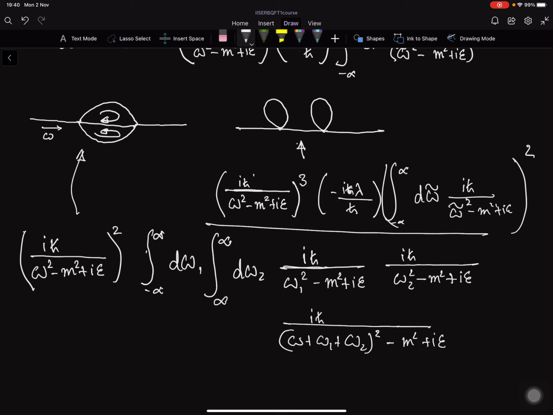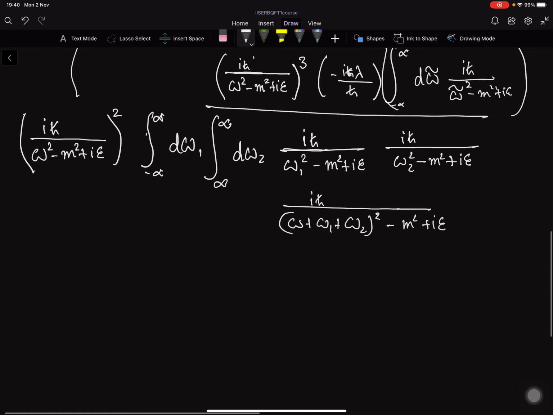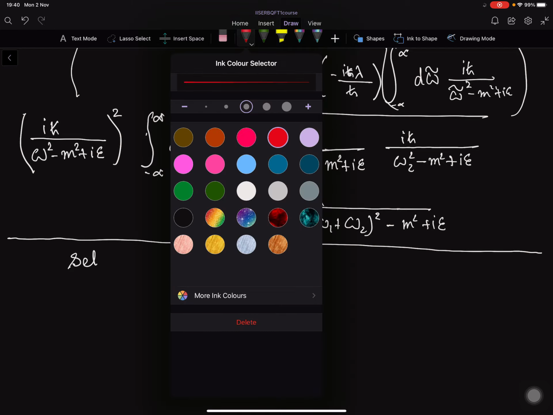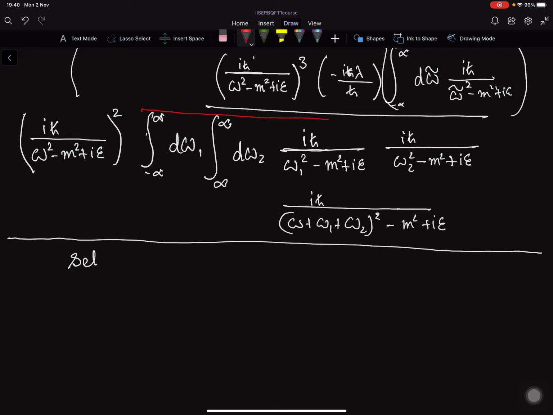Okay, so all these integrals can be explicitly done, but at this point we introduced something called self energy diagram. So firstly these integrals can be explicitly done. Be careful with i epsilon.